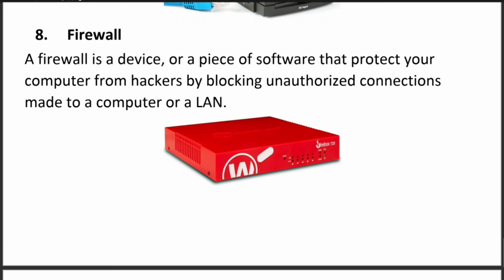This device protects your network from intruders. People that try to gain unauthorized access to your network are blocked by this particular firewall. So it's just a device that protects your network from being intruded by hackers.